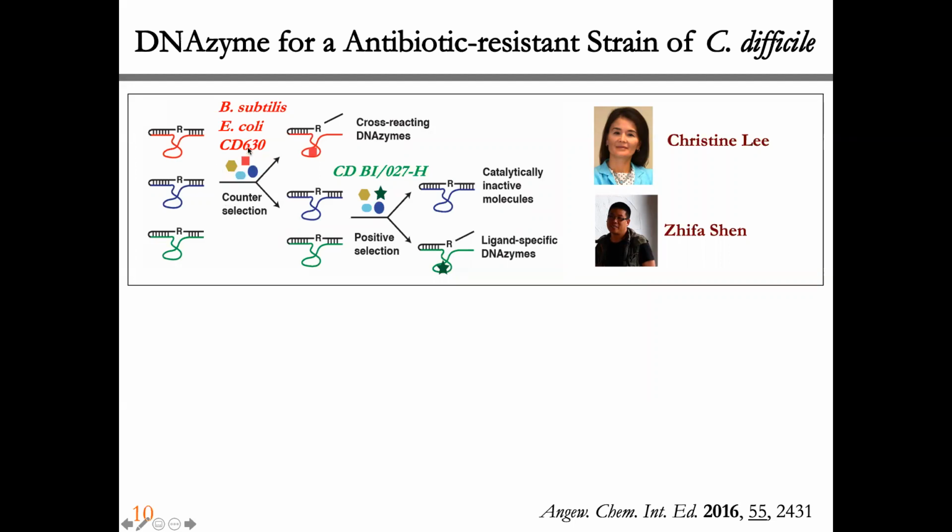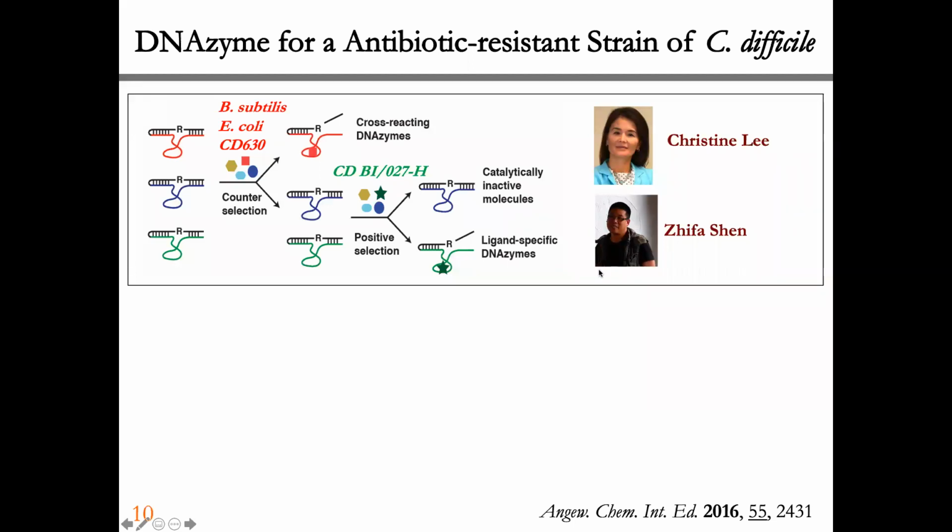We basically want to eliminate as much as possible the cross activity with non-targeted strains of C. difficile or other species of bacteria in this step. The ones that don't cleave, we then challenge with the biomarker from this strain of C. difficile in the positive selection step. Now we isolate these, then we amplify.